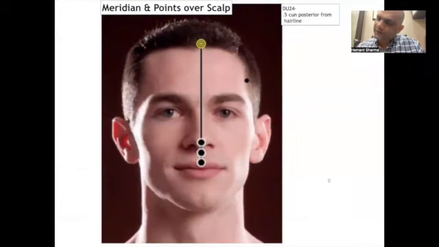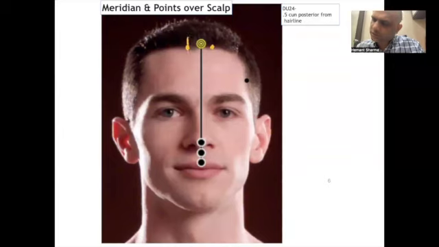So from the central line, we are going 1 centimeter right side and 1 centimeter left side. So this line is going 1 centimeter up and 1 centimeter down. Maybe this line is not so far, so I'm making it a little closer. So this line is going 1 centimeter up and 1 centimeter down.